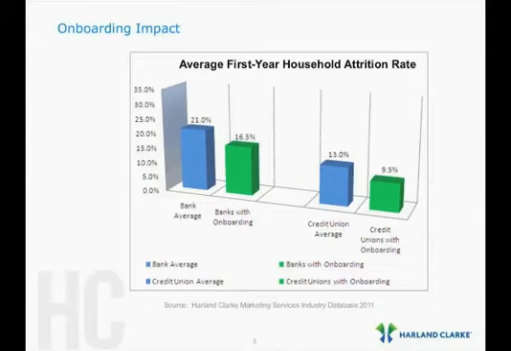These numbers may seem low compared to other industry quotables, and therefore it's important to note that these are at the household level, while many industry statistics are quoted at the account level. If you consider most households have an average of 2.2 accounts, you quickly see how to change that number. It would almost be double and more comparable with other industry quotes.